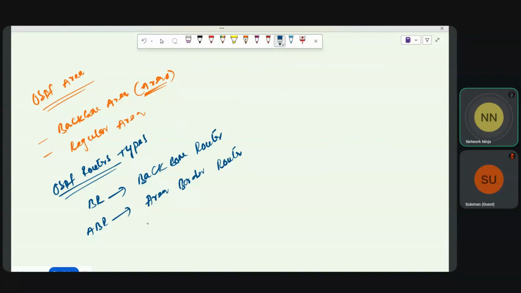We have the ASBR, which is the autonomous system boundary router, and the IR, internal router.